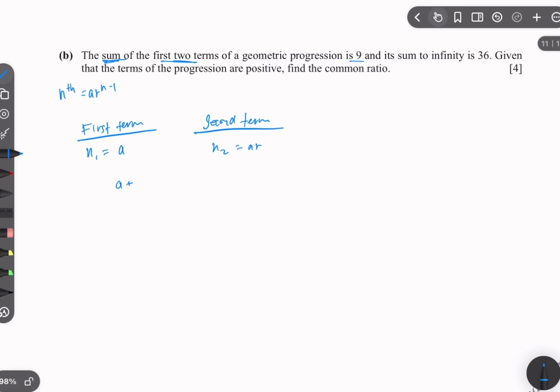So we can form an equation here. a plus ar is equal to 9. And then the sum to infinity is 36. So the formula for sum to infinity is a over 1 minus r. So we know a over 1 minus r is equal to 36. This is our second equation.